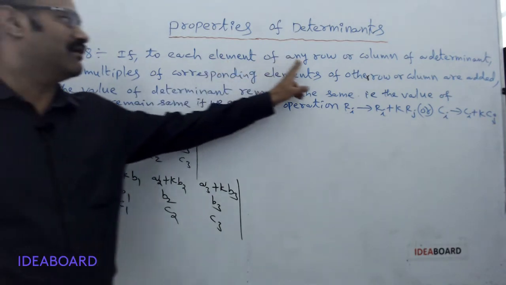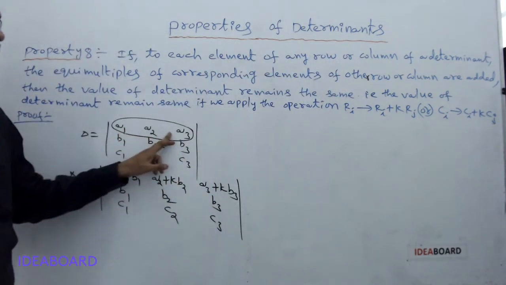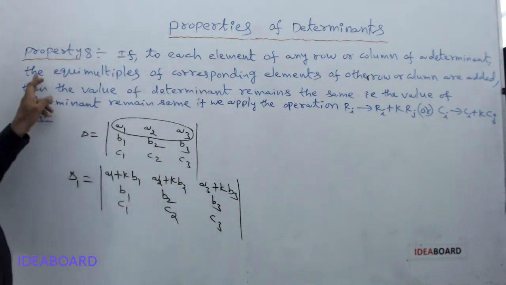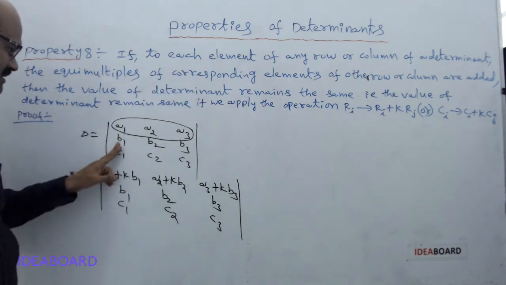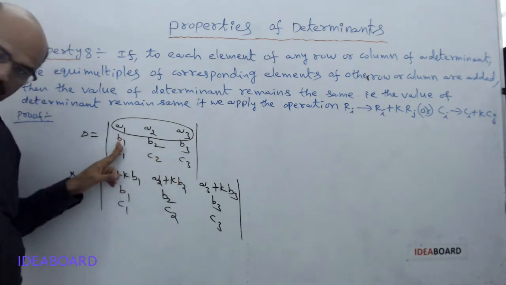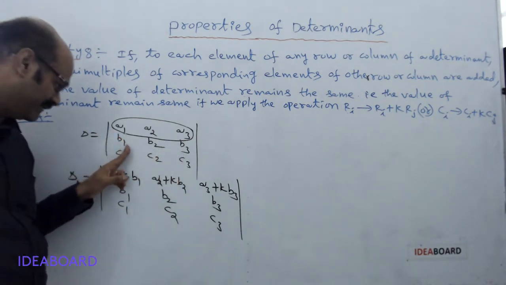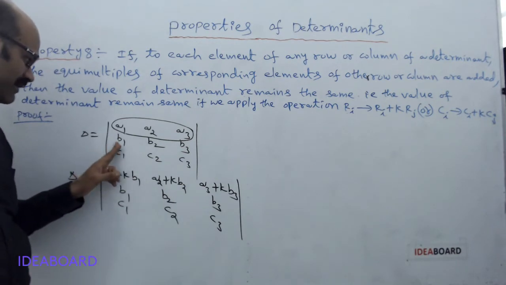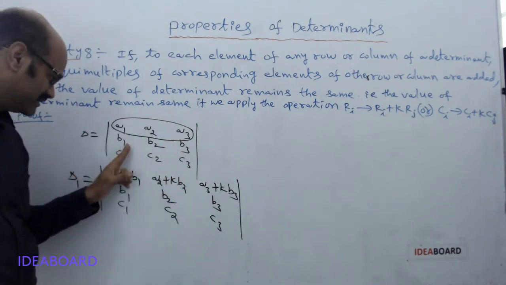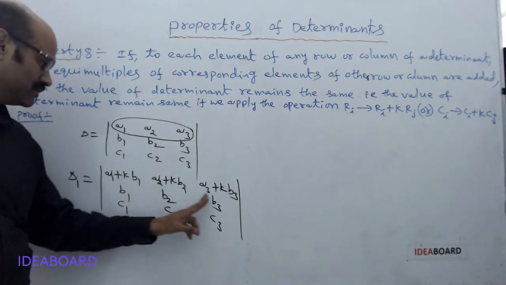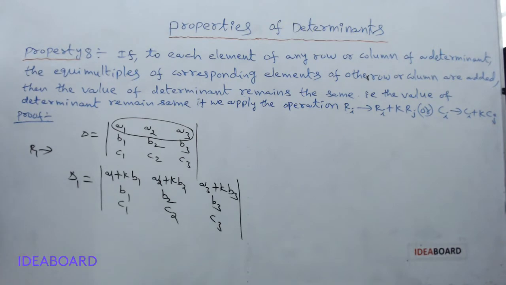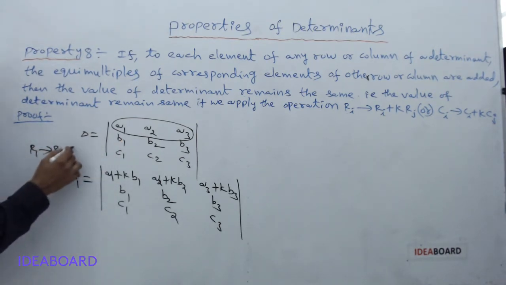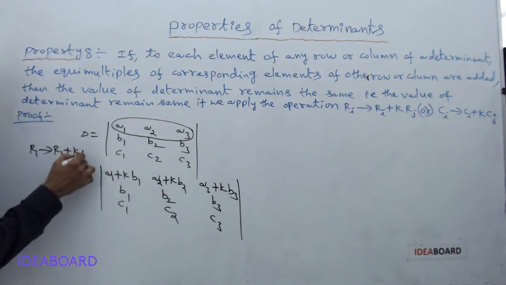If to each element of any row, let me take R1 here, of a determinant, the equi-multiples of corresponding elements of other row, that means multiply R2 by K, then we get KB1, KB2, KB3, that is added to R1 here. That means the operation is R1 implies R1 plus K into R2.